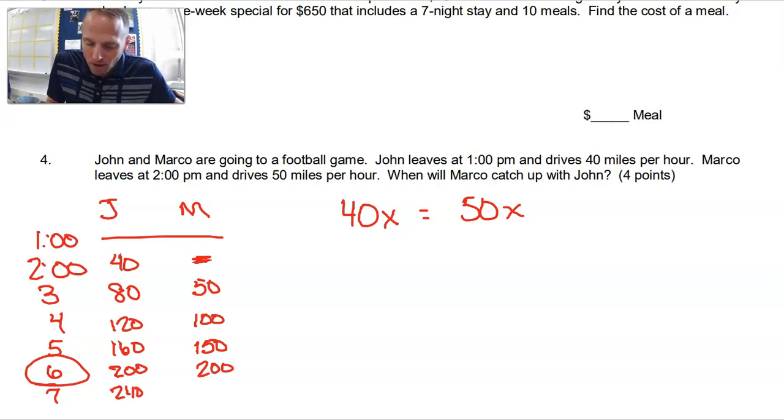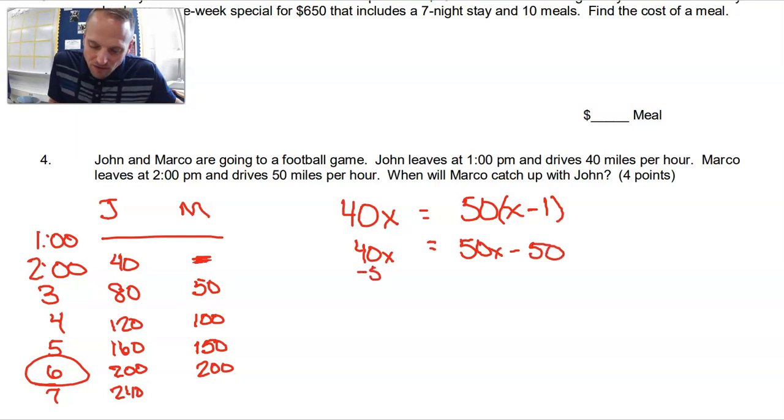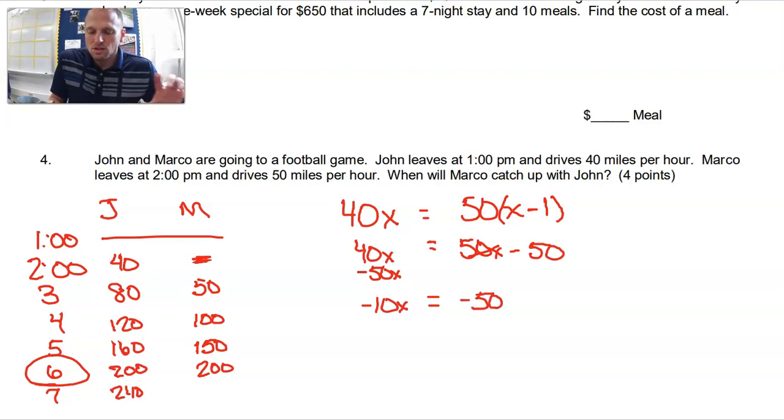Marco left 1 hour later, so this has to be 1 hour smaller, so we're just going to go x minus 1. Let's see. So we've got 40x equals, distribute the right side, 50x minus 50. Subtract the 50x over. Negative 10x equals negative 50. Okay, so let's just pause.